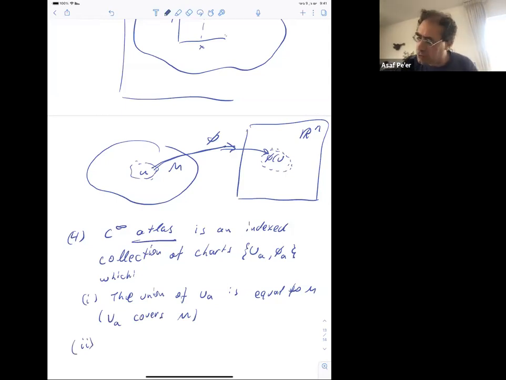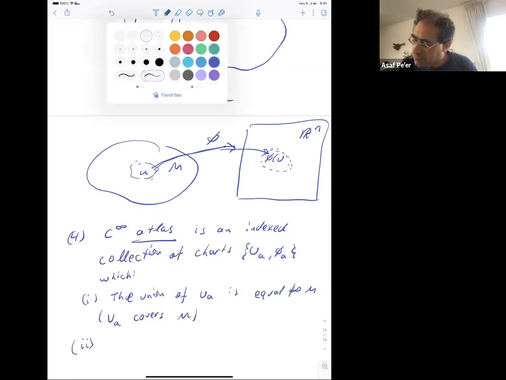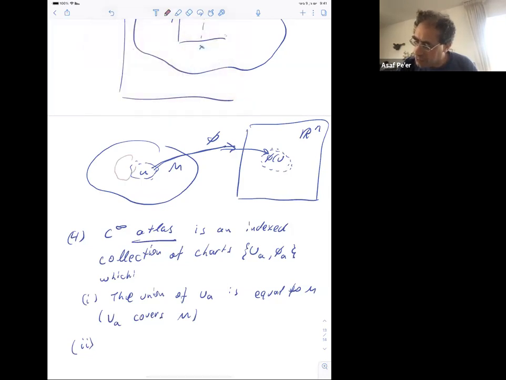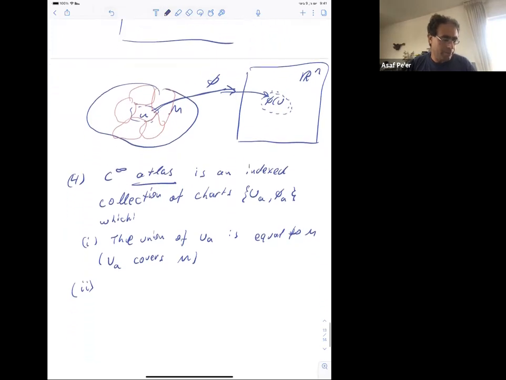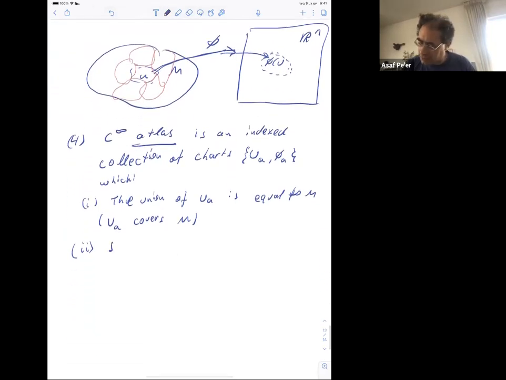So I can put one chart here, and another chart here, and another chart here. They all have to cover M, essentially, to make it an atlas. But it also has to be smoothly sewn together.